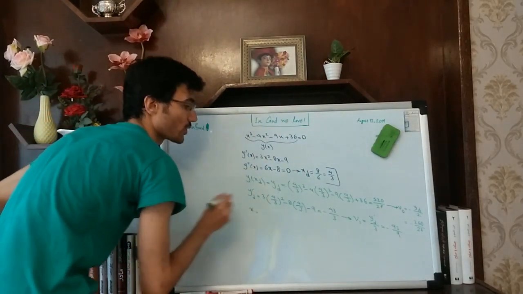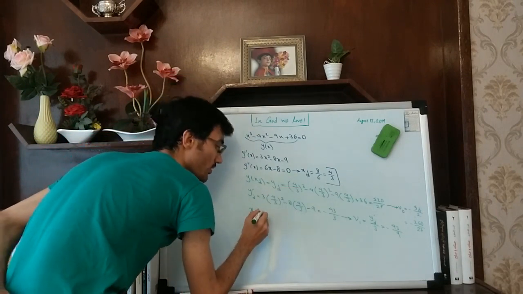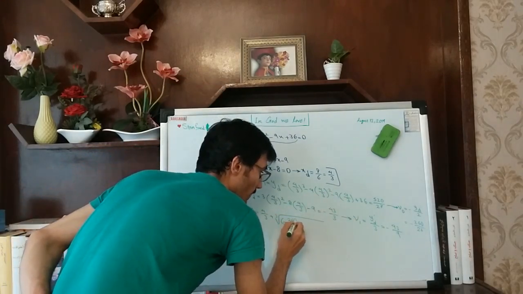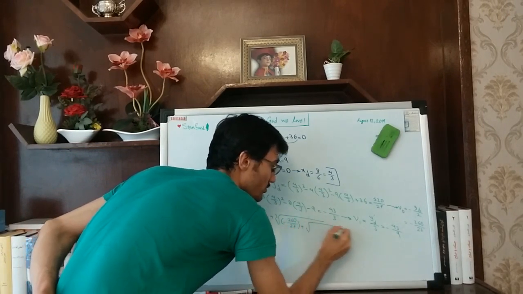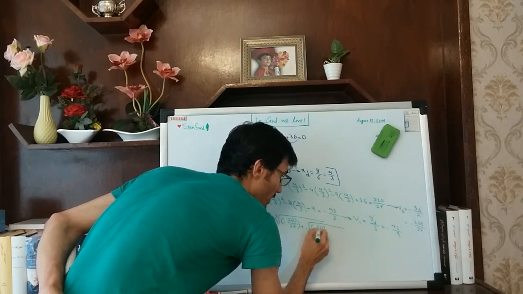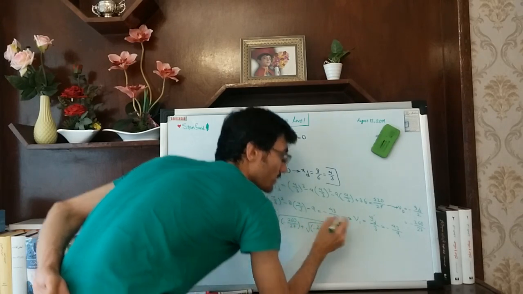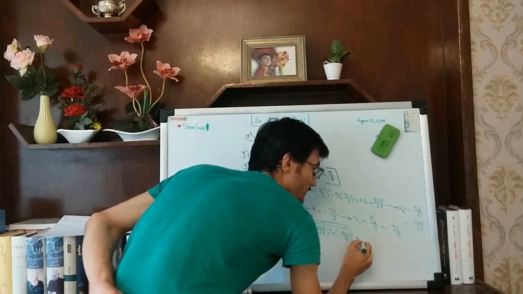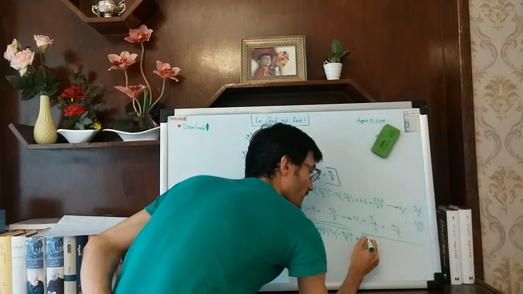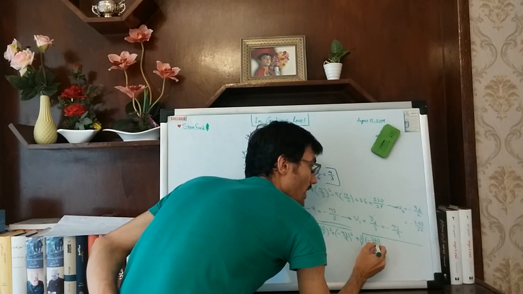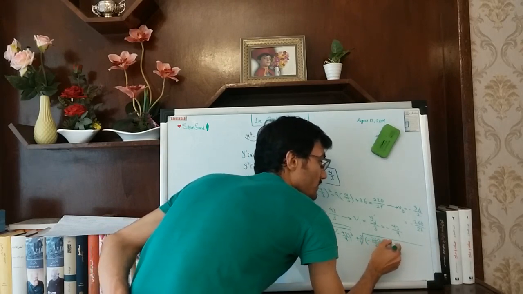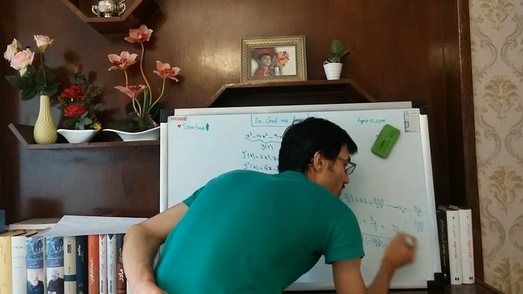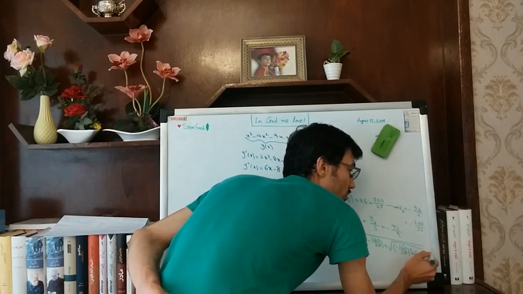Now we can find the first root by using the formula: xt plus the cubic root of v0 plus the square root of v0 squared plus v1 cubed, plus the cubic root of v0 minus the square root of v0 squared plus v1 cubed.